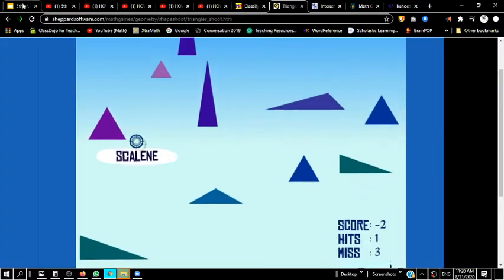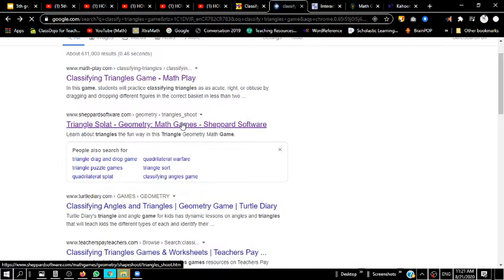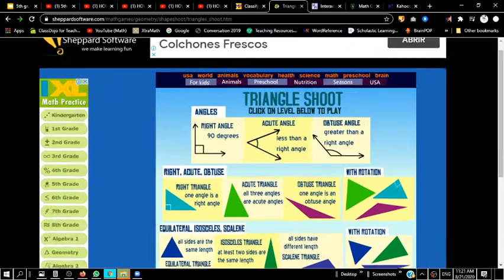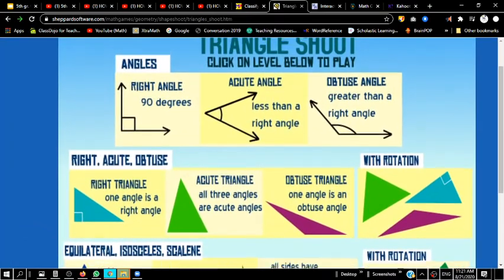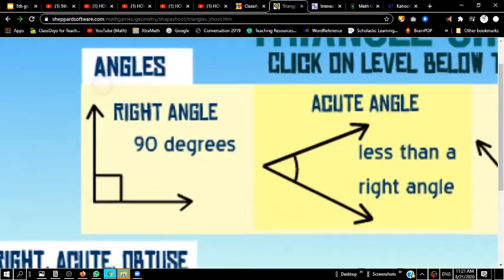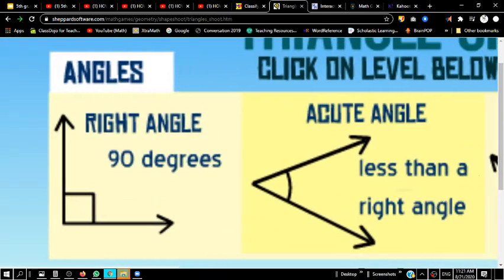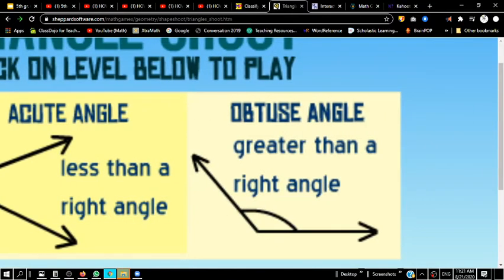Now I think it's important, boys and girls, that we understand that when you classify a triangle, you can classify it in two different ways. Last time we learned about the different angle measurements, and angles can be classified as right, acute, or obtuse.